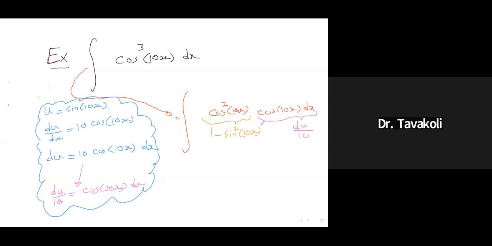But remember that u is sine of 10x. So what's the conclusion here? The conclusion here is we have 1 minus u squared and then du over 10.